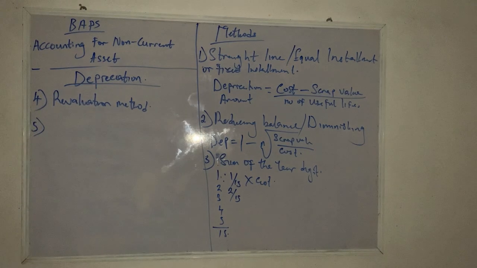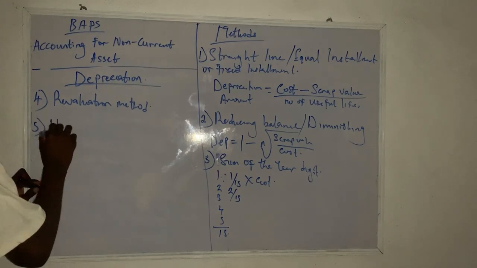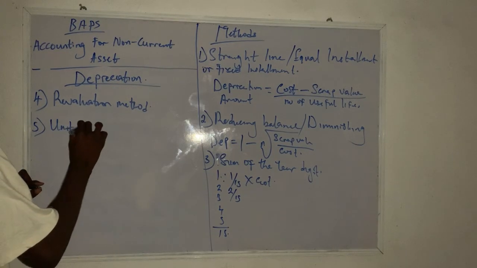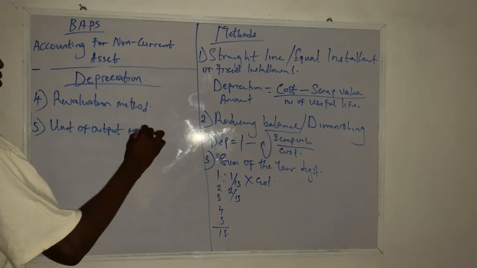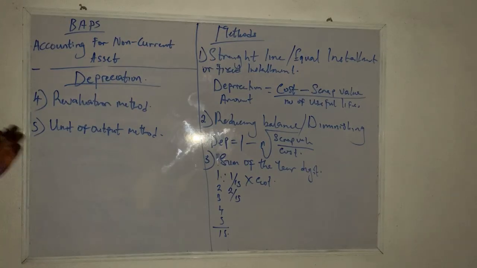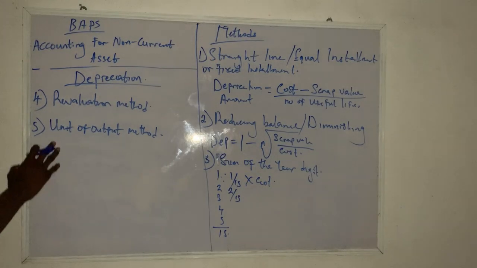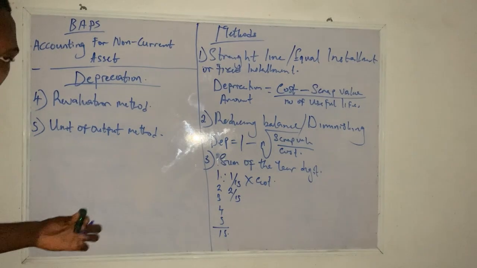So you check the value of the asset at the end of the period, then you compare it with the carrying value or the net book value at the period. Now we have the unit of output method. Your assets will be depreciated based on the quantity of the output that your machine or whatever you are using is able to produce.